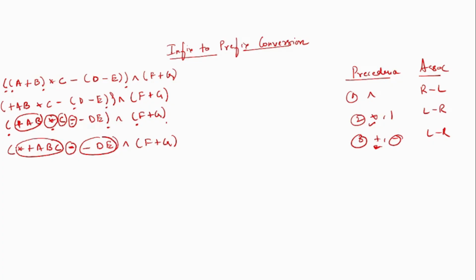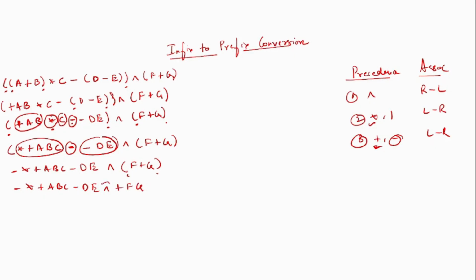Now I will bring this to the left of this multiplication. So I will say minus star plus ABC minus DE, this is completely resolved, to the power f plus G. Now I will solve this parenthesis, minus star plus ABC minus DE to the power plus FG.